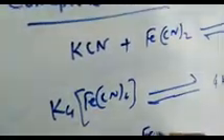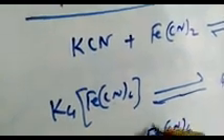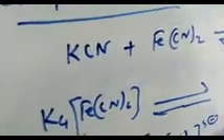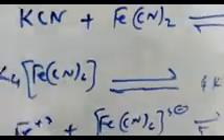If I add ferric ion, Fe3+ ion, into a solution of potassium ferrocyanide, say here is your Fe(CN)6 4- ion, it will form ferric ferrocyanide, that is Fe4[Fe(CN)6]3.